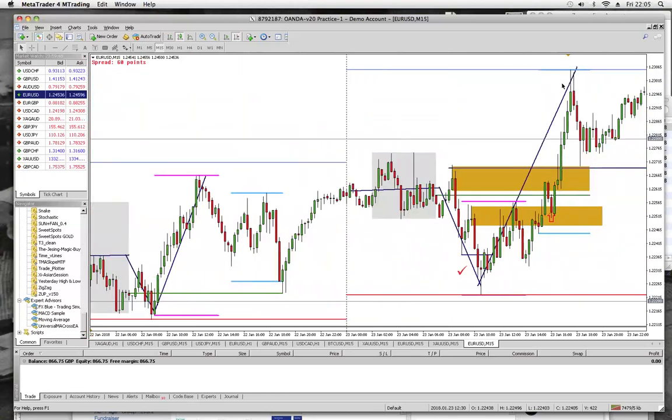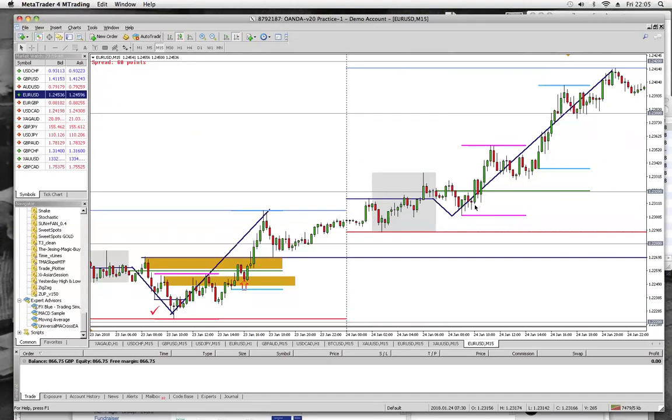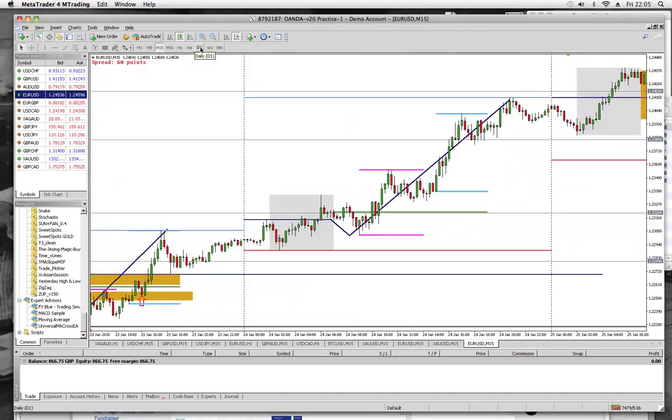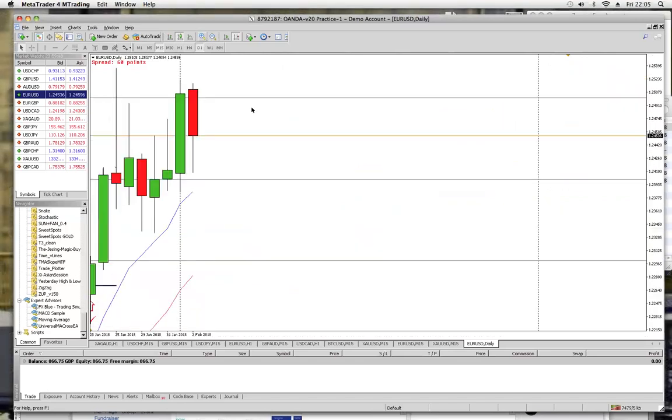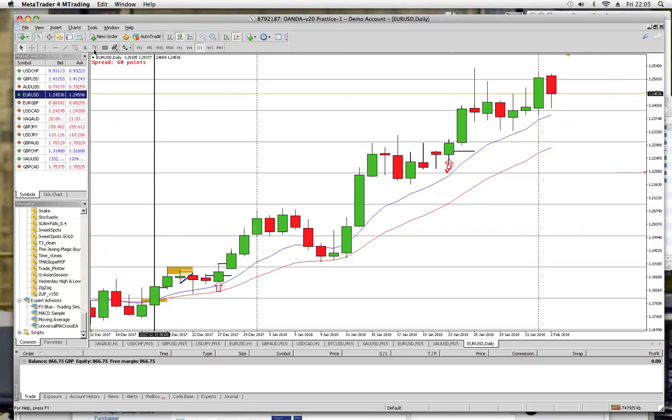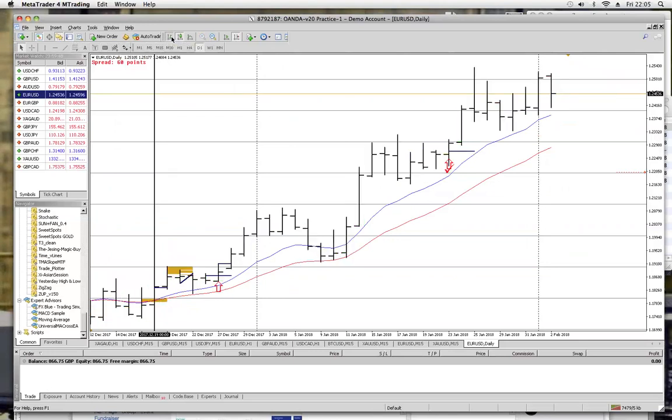Accumulation, manipulation, distribution. You can see on the hour, on the daily, it's open, rally, decline, close. Open, rally, decline, close. And you can see it probably better on the bar chart. So we've got your candle open, rally down, up, close. Here we've got a reversal, a sell-off, open, rally, decline, close.